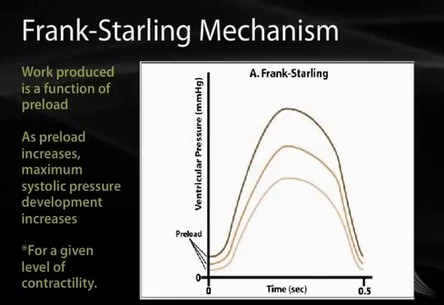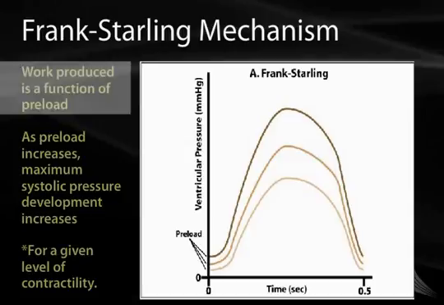The Frank-Starling mechanism, which determines the amount of work based on preload, is illustrated by this curve. On the x-axis is time from 0 seconds to 0.5 seconds, and on the y-axis is ventricular pressure.